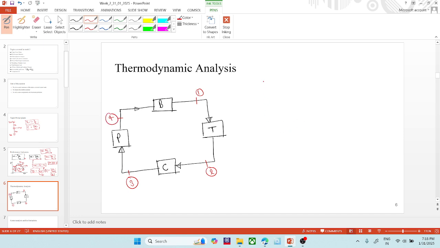The same thing we can draw on the TS diagram. Let me take another color pen.